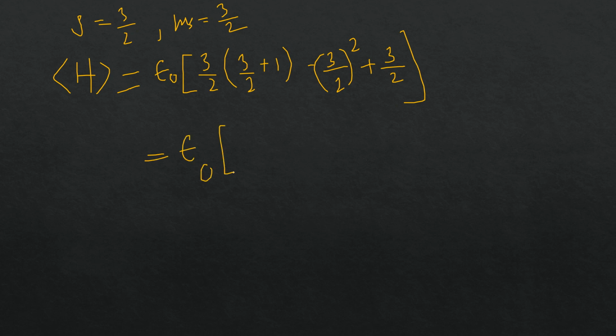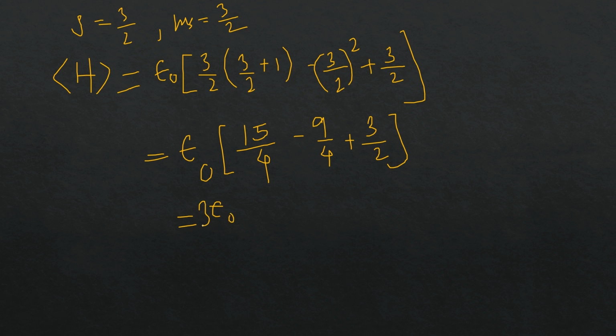This one is what? 3 by 2 into 5 by 2, that is 15 by 4, minus 9 by 4 plus 3 by 2. So this is your 6 by 4. 6 by 4 is your 3 by 2, isn't it? So 3 by 2 plus 3 by 2 will become 3. So this whole thing will become 3.